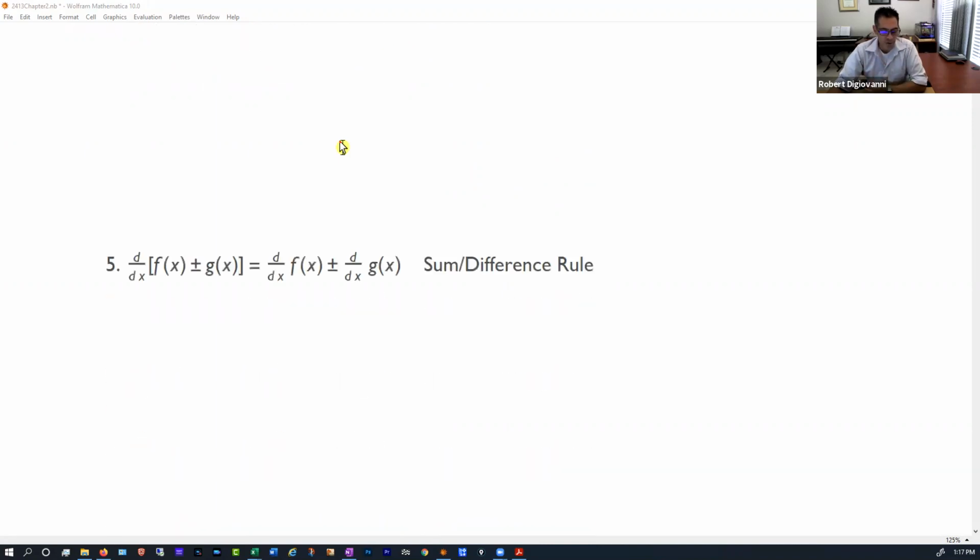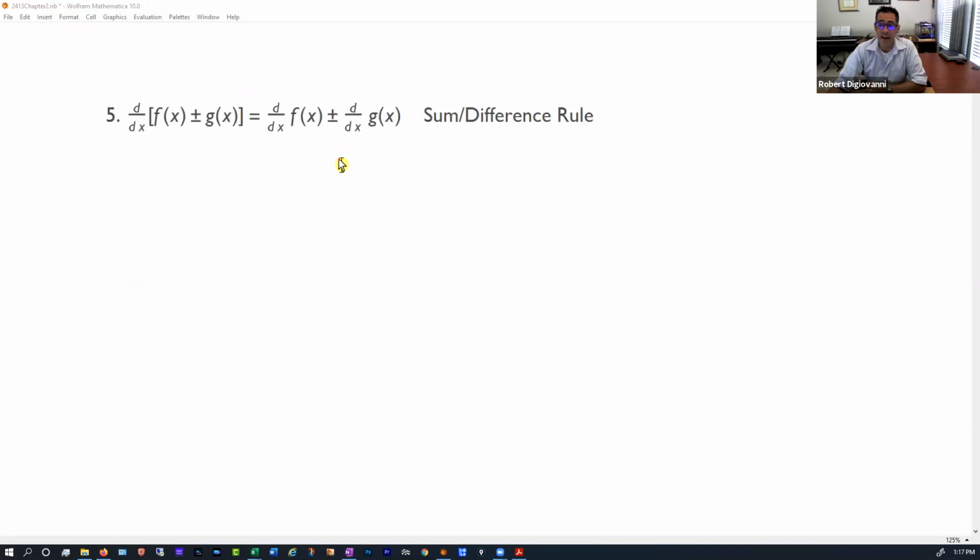Okay, the next rule has to do with something that I've already told you you can do, but I never formally said you could do it. And that is this. Let's say you have a function that has multiple terms in it, like x squared plus 3x minus 5x to the 4th, I'll do one more, plus 7.